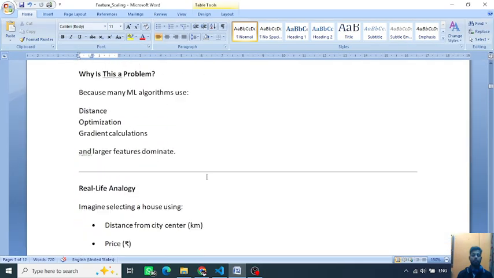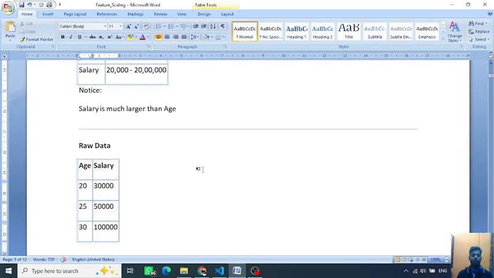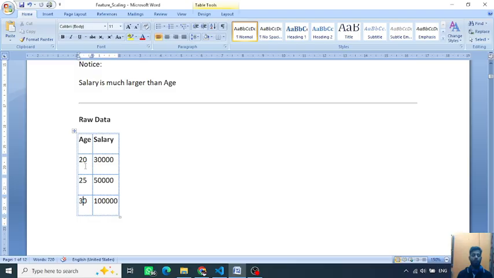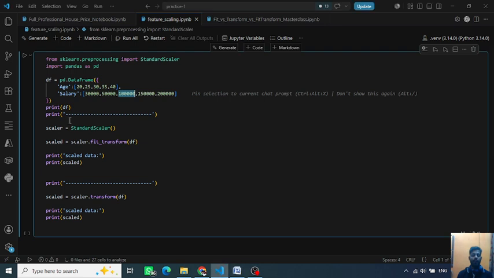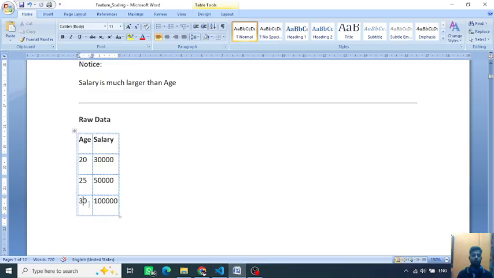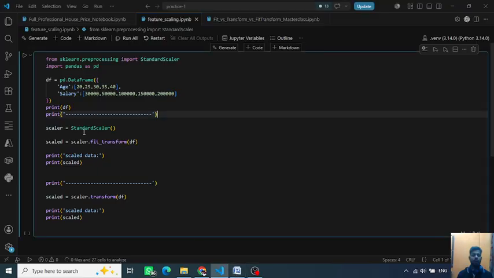As I showed before as well, this is a sample data set. Only 3 values were present before, but here 5 rows are present.